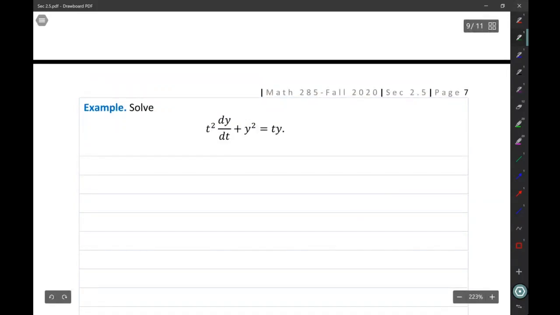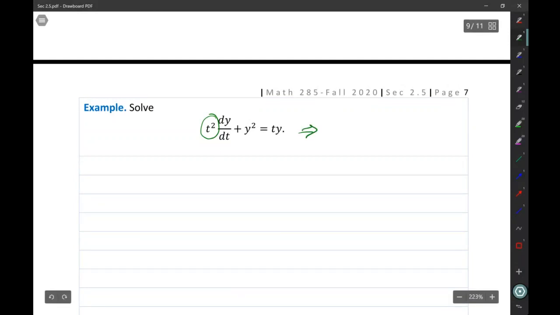The question says: solve t^2 dy/dt + y^2 = ty. For this example, the dependent variable is y and the independent variable is t. The first thing before doing anything is to divide both sides by t^2, because I need it in its standard form.